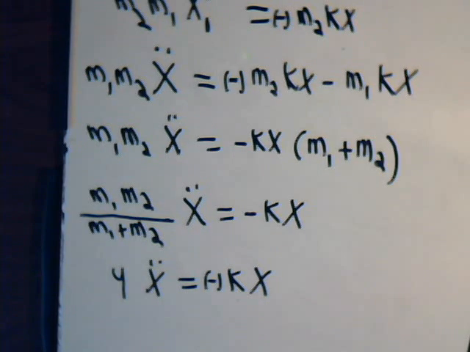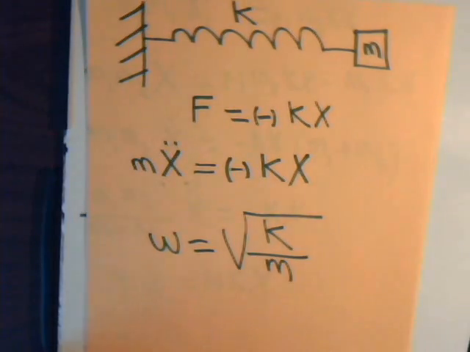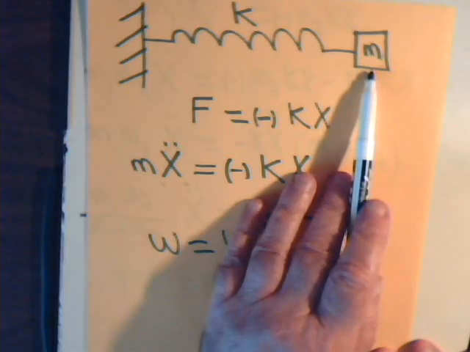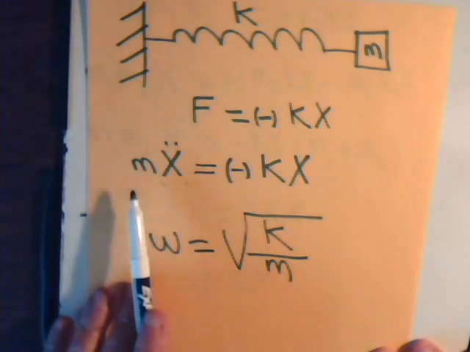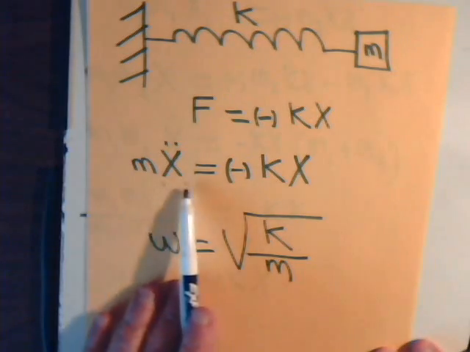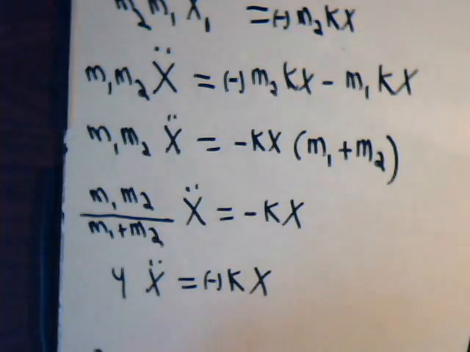Now, in video 7, we showed that the frequency of oscillation here is this expression: the spring constant divided by the coefficient of the displacement acceleration. So here it's going to be the same thing.